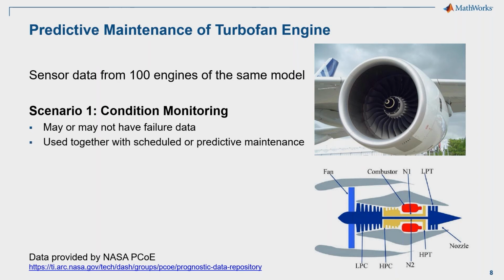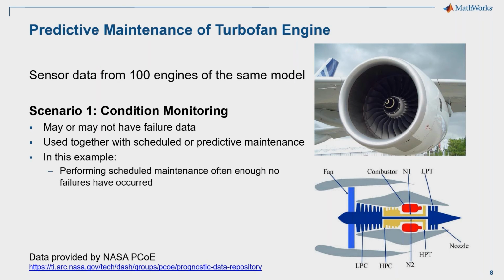Okay. The collection of this data is going to be used with an existing maintenance scheme already. In this case, it's a scheduled maintenance. We bring it down every however many flights. So we're going to have to work with that. All right. So in this particular example, we're performing that scheduled maintenance often enough that no failures have occurred, right? So we're kind of setting it up to be a little bit more difficult here.